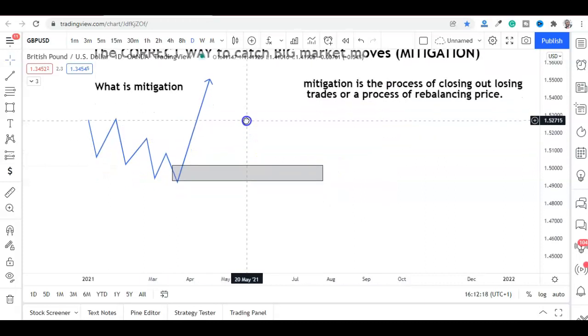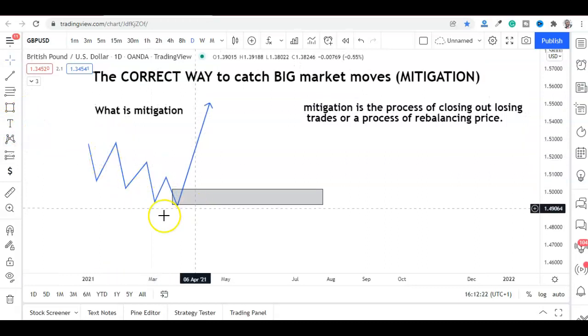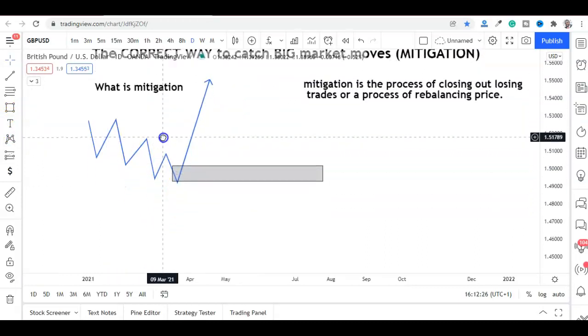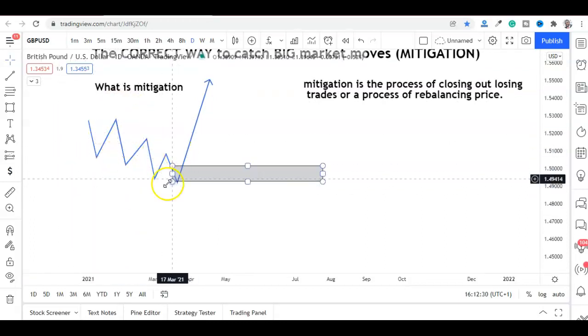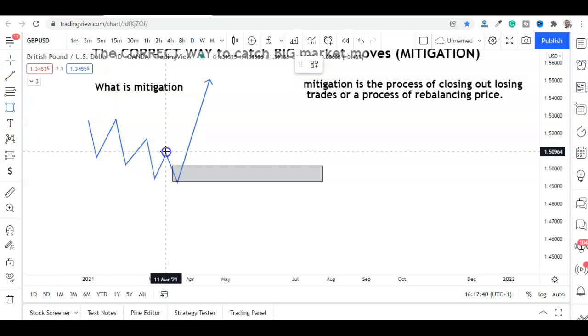Okay, now let's assume the big banks want to take this price higher. Okay, so what they're going to do, they will manipulate prices in this region. Yeah, and how do they do that? They will sell the price here.